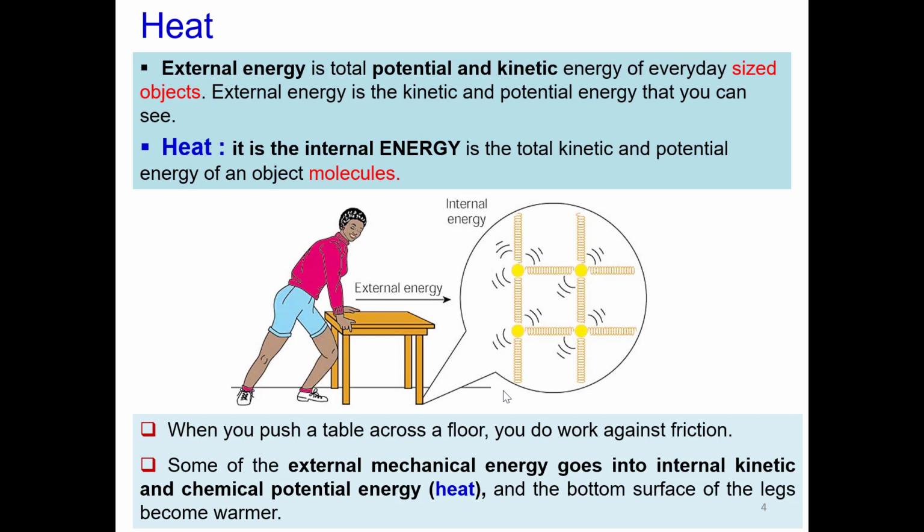This internal energy can be kinetic energy, related to the translation, vibration, and rotation of the molecules, but it can also be potential energy, and in this particular case it is called chemical potential energy because it's related to the bonds between the molecules or the atoms. Then what is heat? Heat is related to the internal energy of the substance. It is related to the kinetic and potential energy of the molecules.